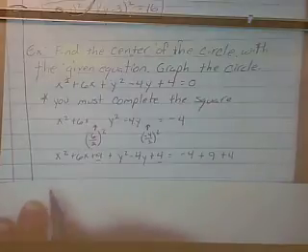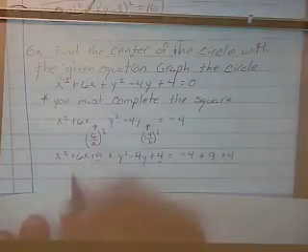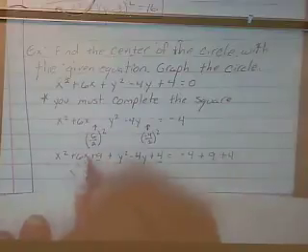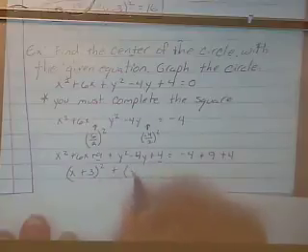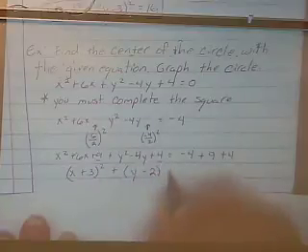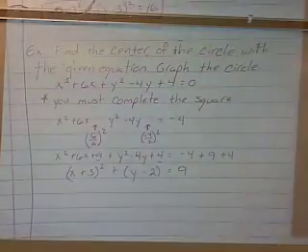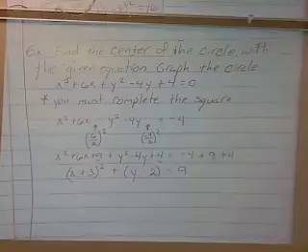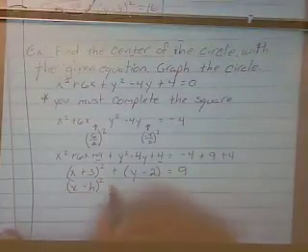When you complete the square, we divide this middle term in half, and we can factor this by making it squares. And we simplify this. So now, using our formula, we can pull our h and k.